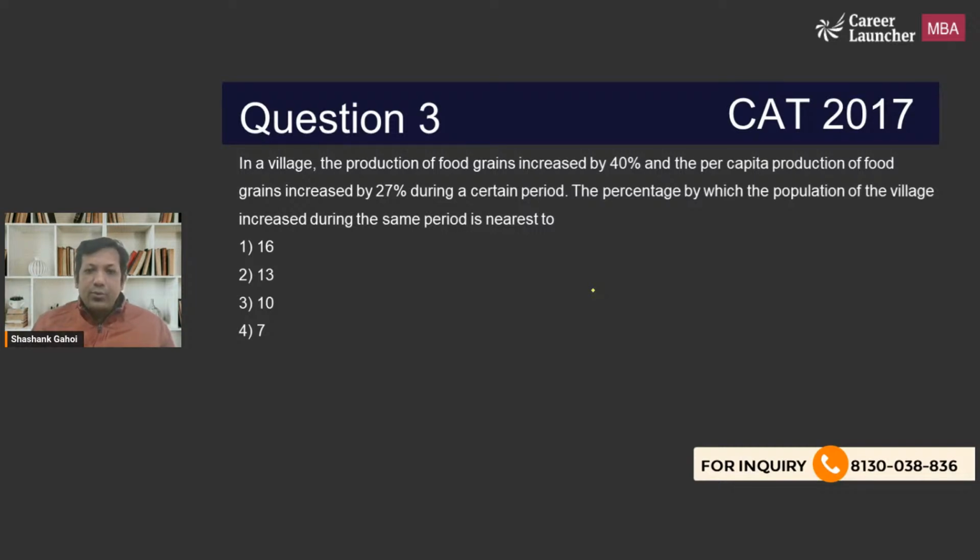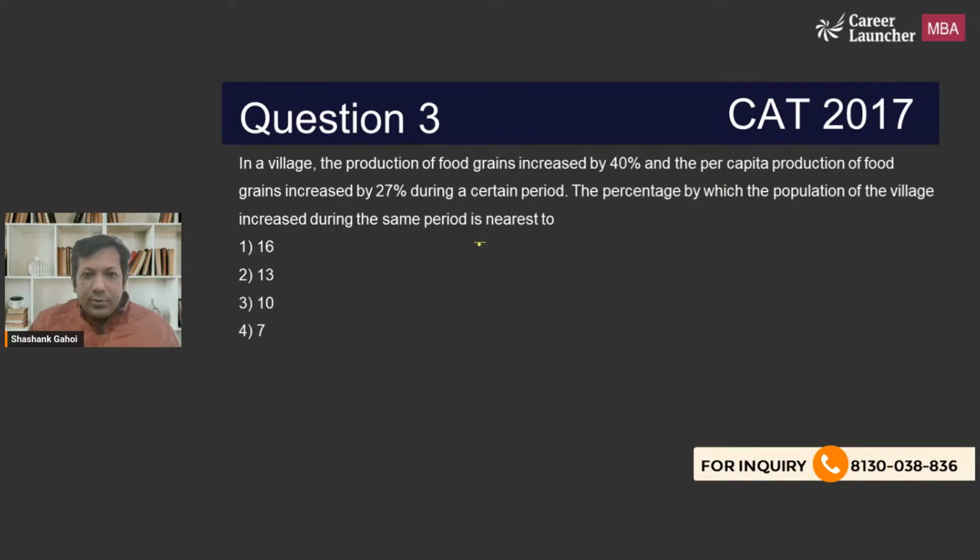So what I am going to do, I am assuming, let's say, the population increase it is talking about. Okay, so I'm going to write the formula first, then I'm going to think of something else, right?